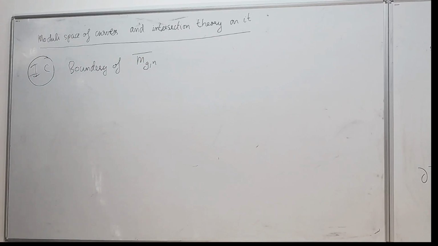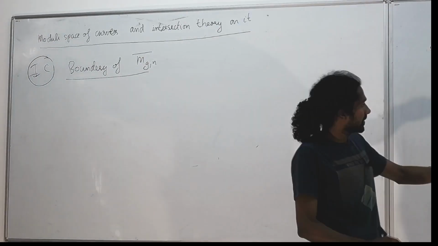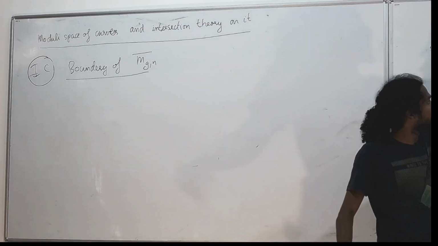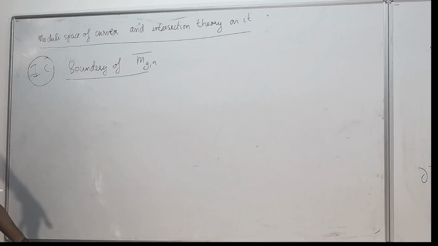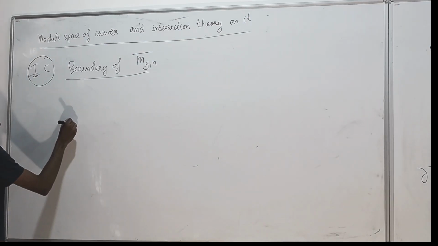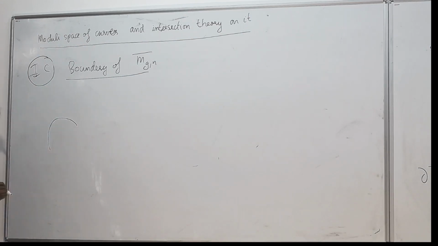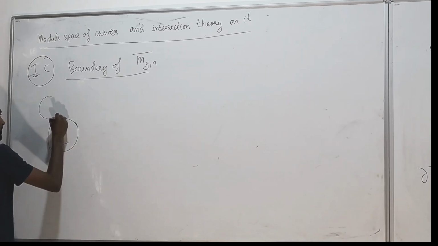Okay. So to study the boundary, it's useful to not think about my curves like this, but instead to think of them in terms of stable graphs. What do I mean by that? Take some curve that looks like this, let's say.